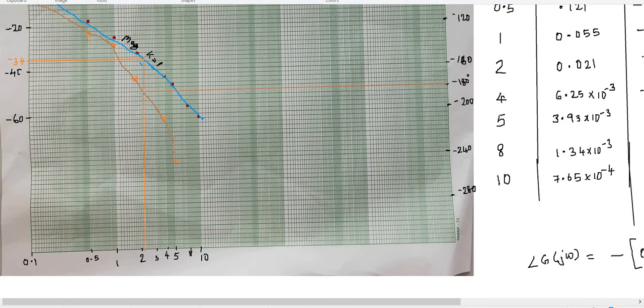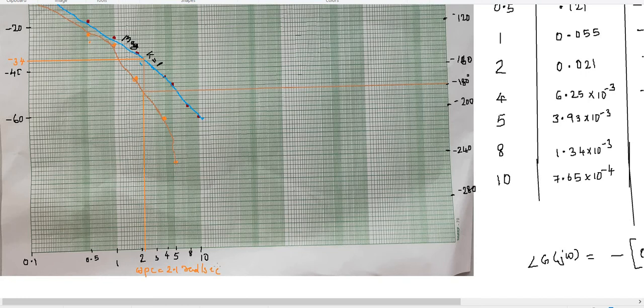So plot a vertical line downwards. We can see that omega PC is actually 2.1 radian per second.